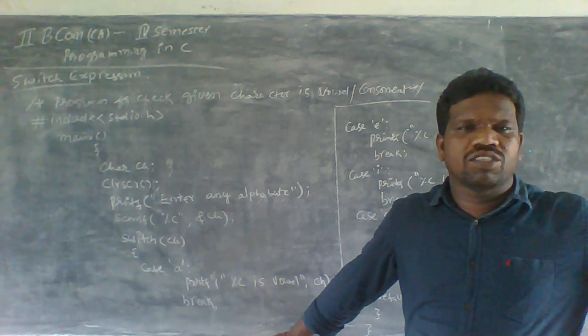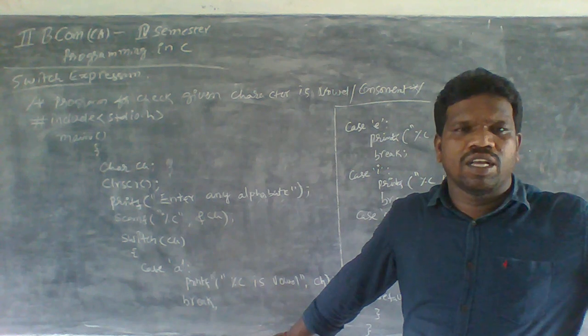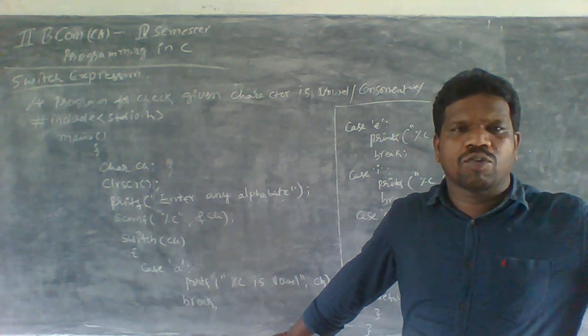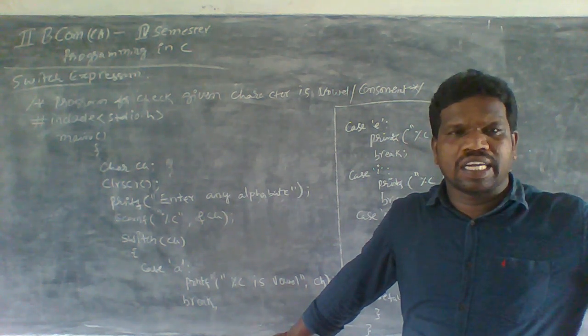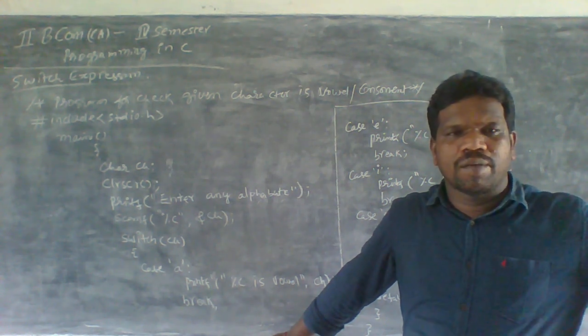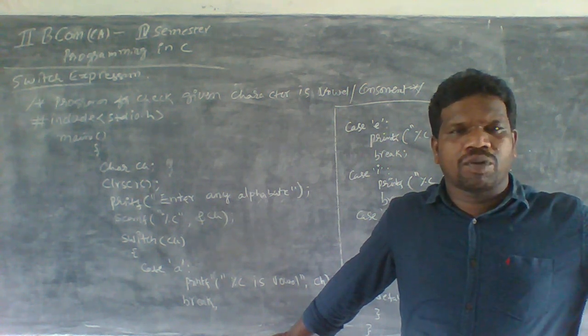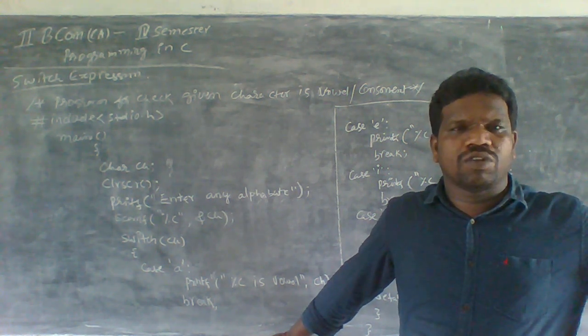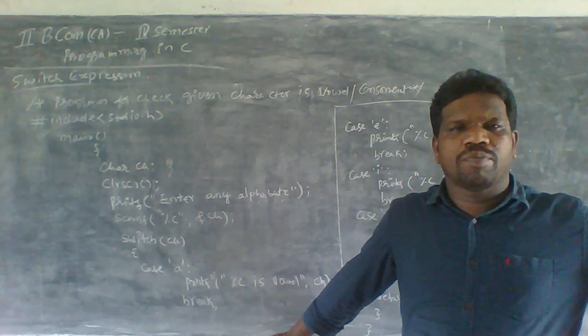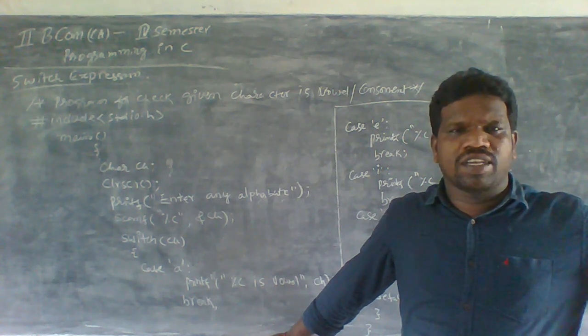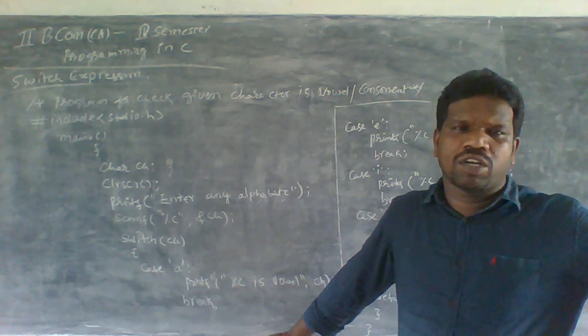The main function is written at the top of the program. That's why the program's execution design is called the top-to-bottom approach, because the main function is placed at the top of the program. That's why C language follows a top-to-bottom approach.